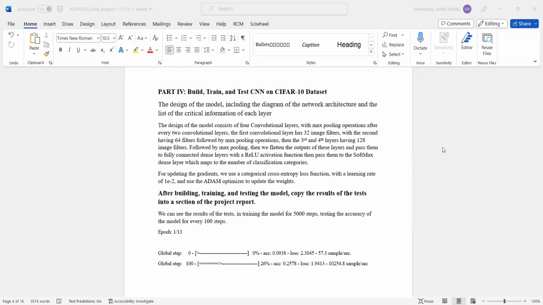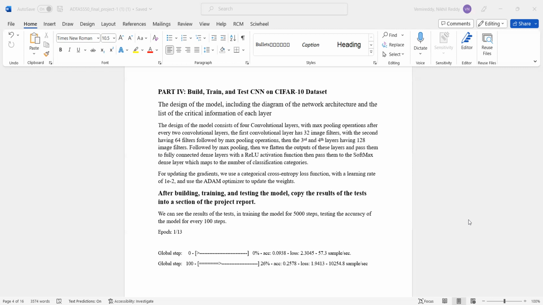Then we flatten the outputs of these layers and pass them to fully connected dense layers with a ReLU activation function. Then pass them to the softmax dense layer, which maps to the number of classification categories. For updating the gradients, we use a categorical cross entropy loss function with a learning rate of 1e-2 and use the Adam optimizer to update the weights.